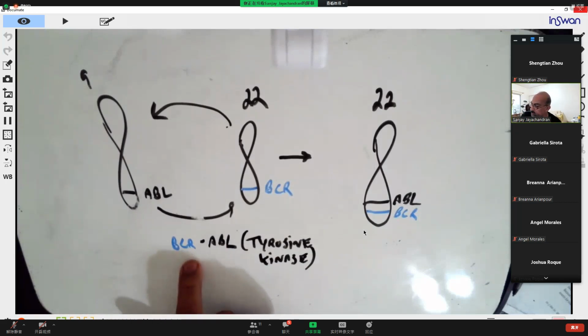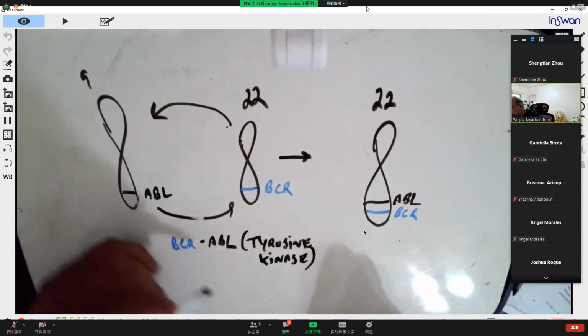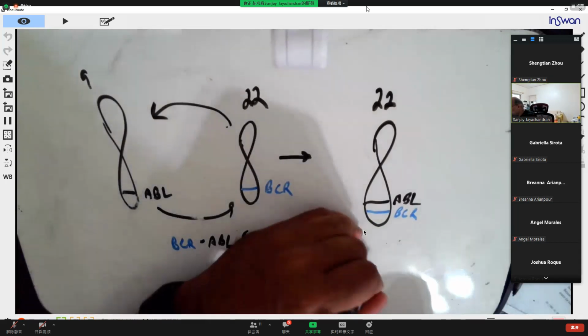When this happens, the cell loses control of division. What do we call that when a cell keeps on dividing and loses control? Cancer.